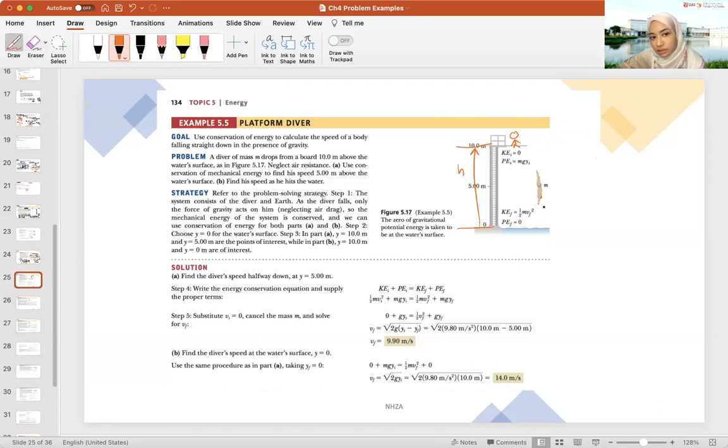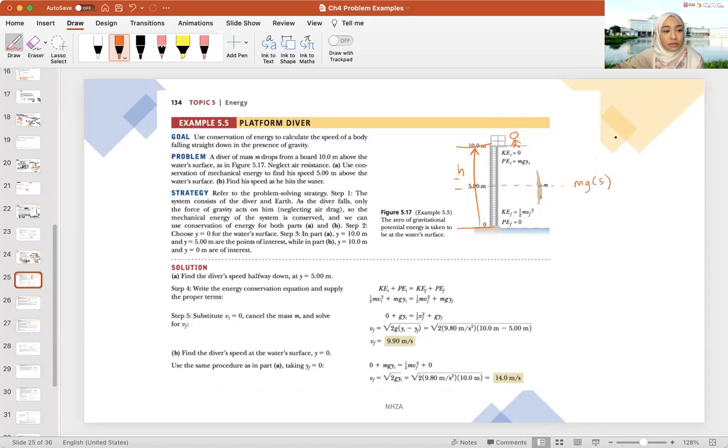So when he starts diving, part of his energy is converted into kinetic, while the rest is maintained as potential energy. So he will dive and maybe he will reach this point of 5 meters from the ground. Now instead of mg times 10, his energy is mg times 5.